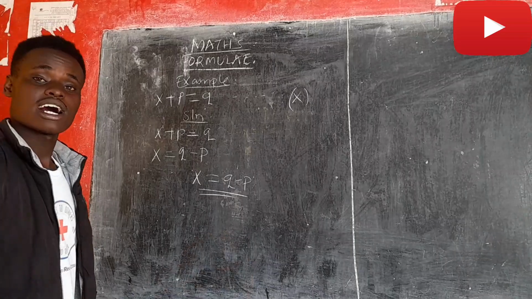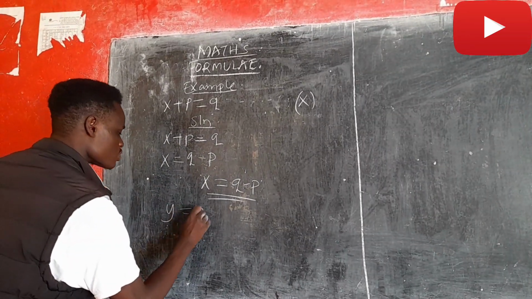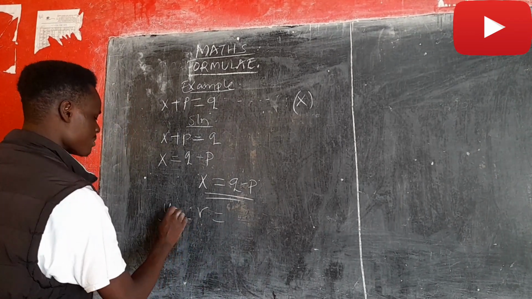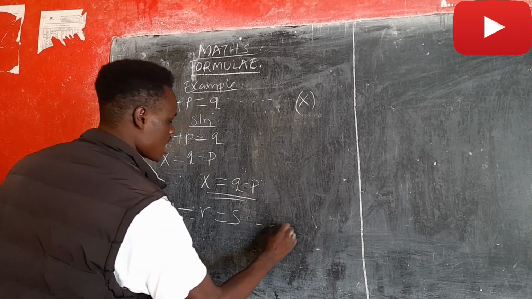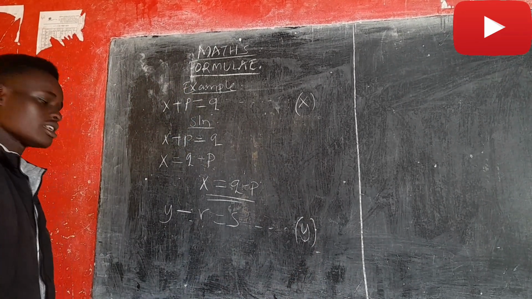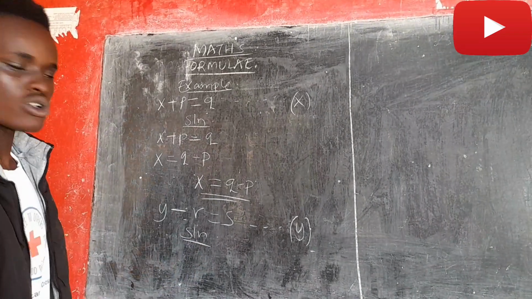You can have another example, that is y minus r is equal to s. And we are told to make y the subject of the formula. So this is what happens. Remember, we have y minus r is equal to s.